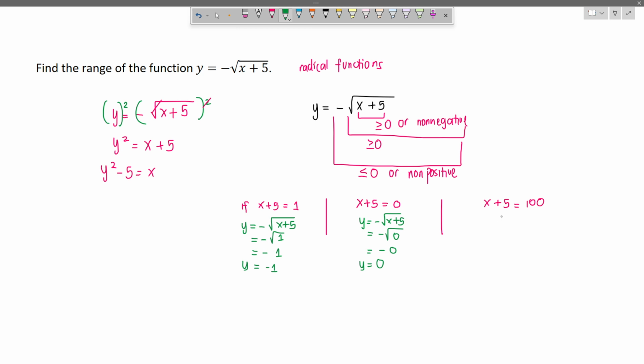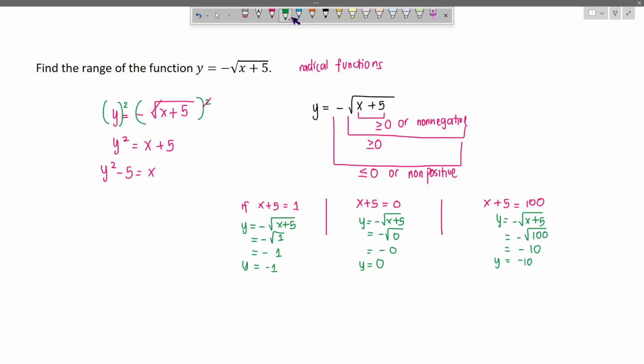So these are the possible values of y. Next, y is equal to the same thing. The value inside is 100. Square root of that is 10. But then we have a negative. So y is equal to negative 10. So no matter what allowed value of x we have, the result of y will always be 0 and below.